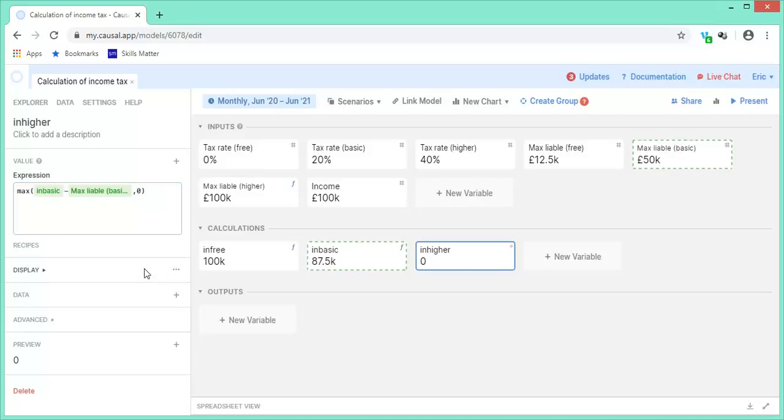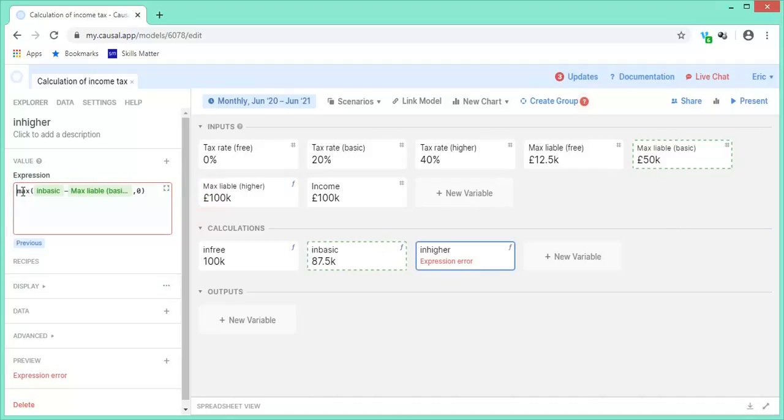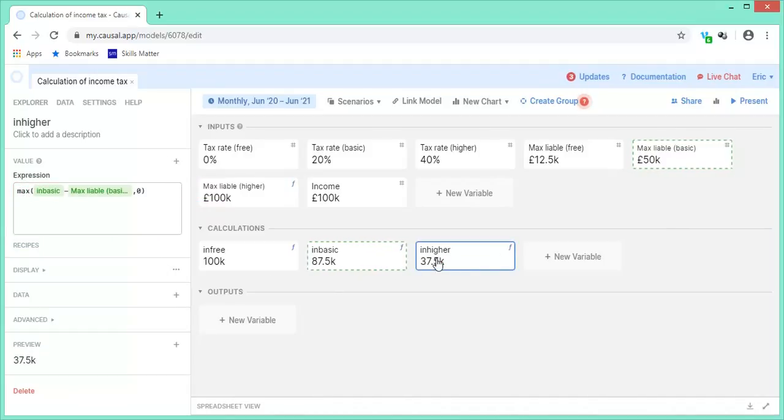There we go. That makes sense. Yeah, that's better. Okay. I would like for this to be money, but it doesn't matter.